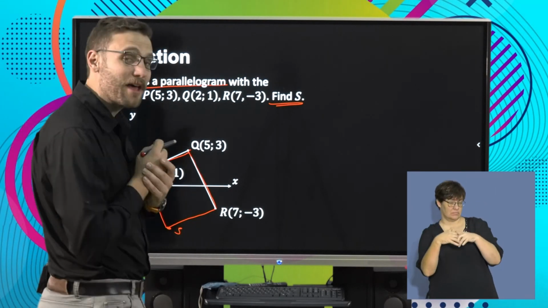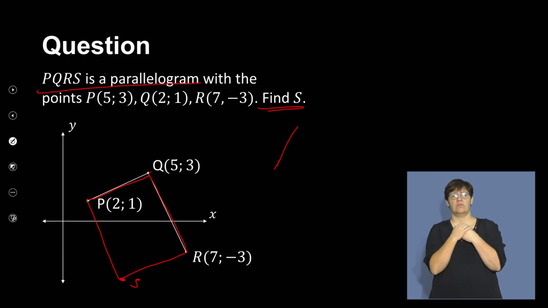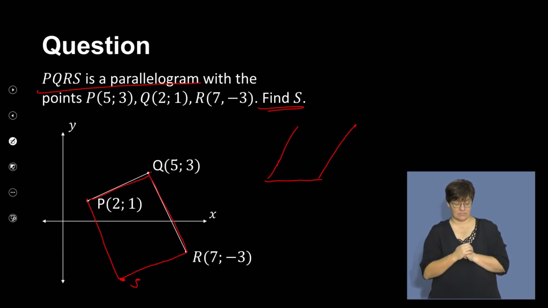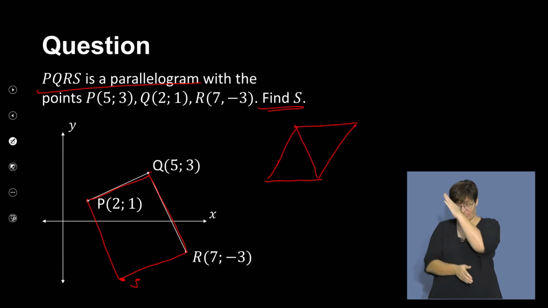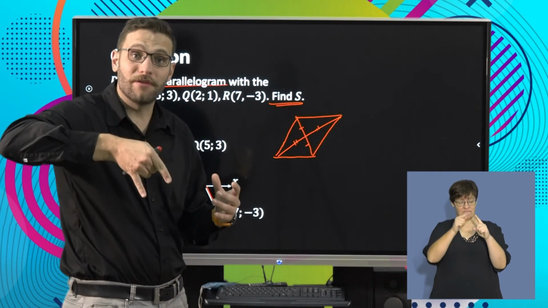One of the properties, and this is the one that we're going to use, is that the diagonals of a parallelogram bisect. The diagonals of a parallelogram split each other in two, all right?